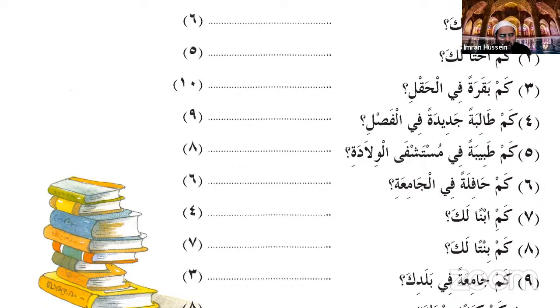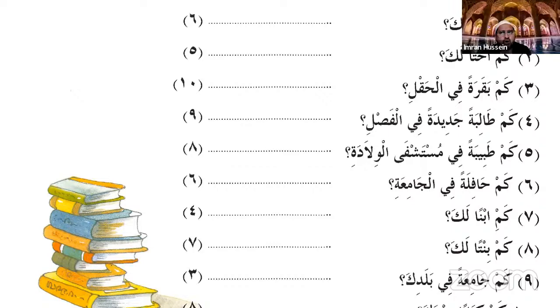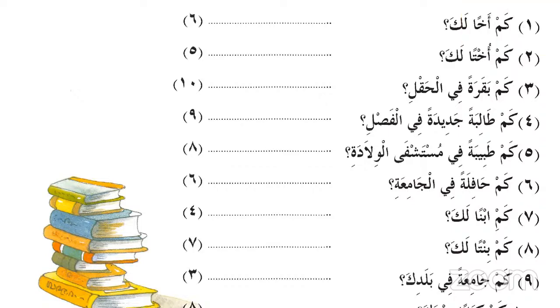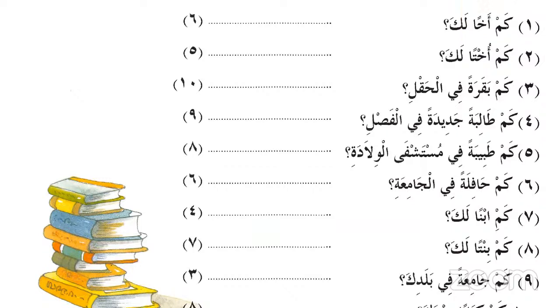And how do you say the word new? Because jadidatin is an adjective, the plural adjective will come. Judud. Okay, this is tricky.